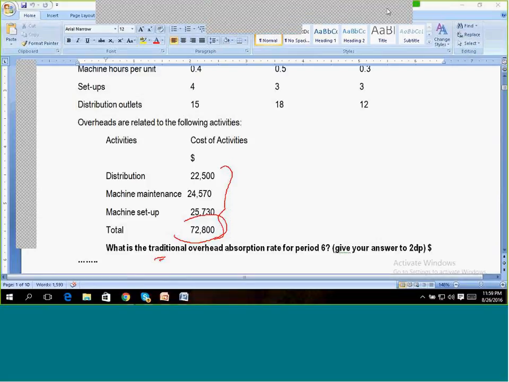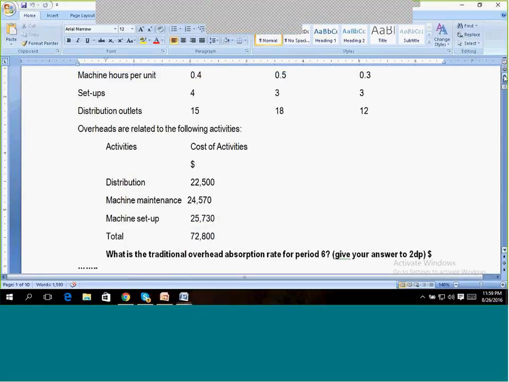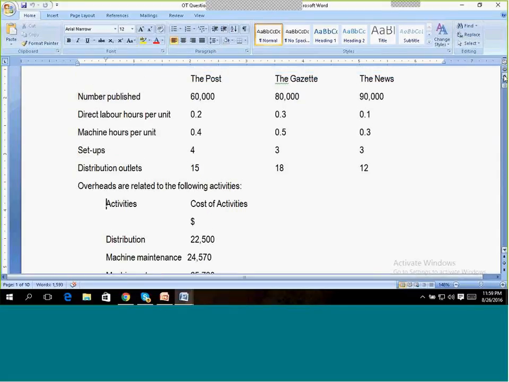I could easily go with the 72,800 divided by the post's 60,000, but I can't, because for that 72,800 overhead, they are producing 60,000 of the paper called post, 80,000 of the paper called gazette, and 90,000 units of the paper called news. So I have to decide it as either direct labor hours or machine hours.